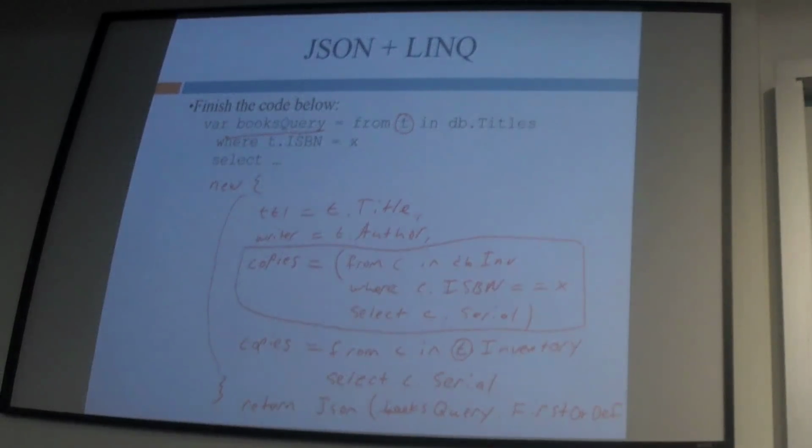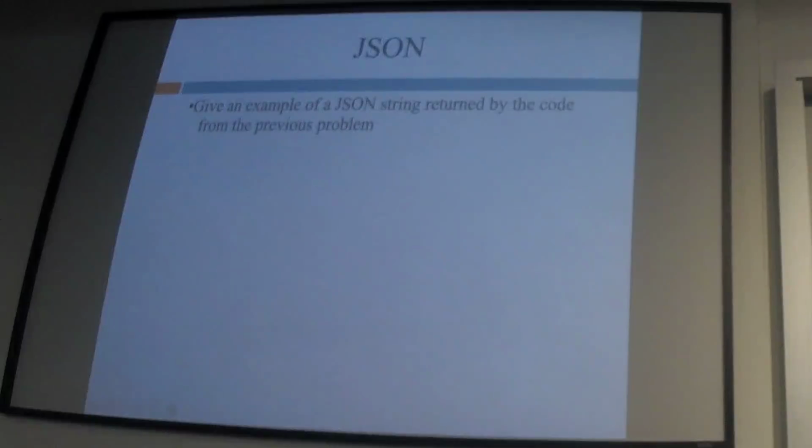Okay. Then, continuing that, give an example of a JSON string returned by the code. So we would have something like a string, so I'm just going to put it in quotes.